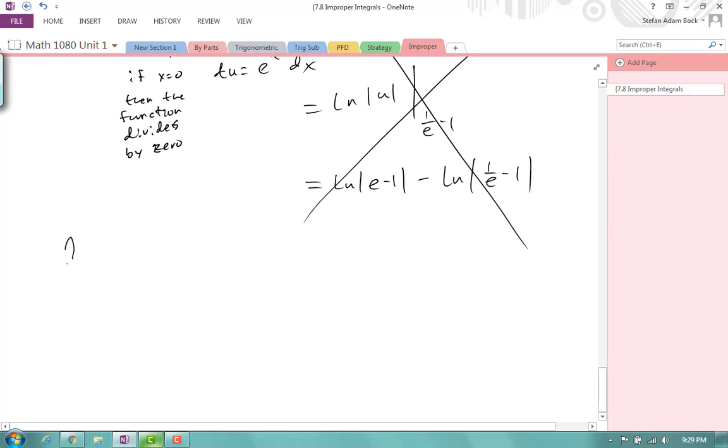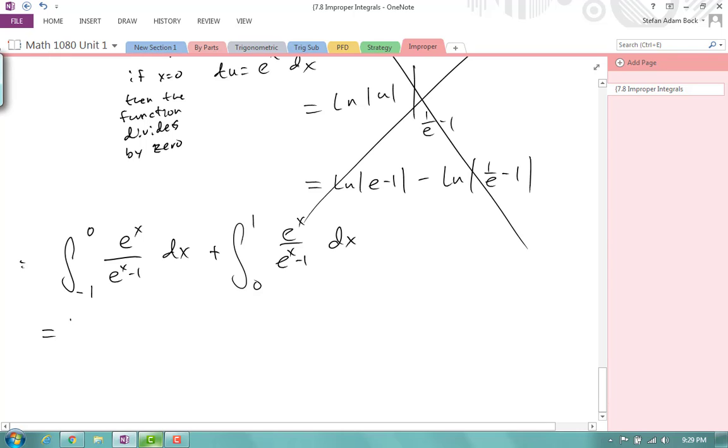So let's see. The integral from -1 up to 0, e to the x over e to the x minus 1 dx, plus the integral from 0 to 1 of e to the x over e to the x minus 1 dx. And again, since we're doing different integrals, we should be doing different limits.